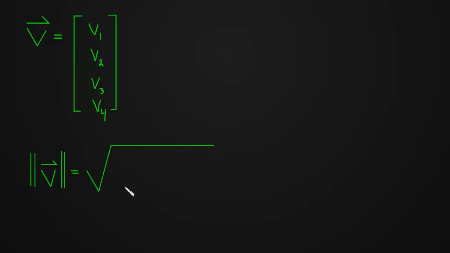It's the square root of v1 squared plus v2 squared plus v3 squared plus v4 squared. And if you had 5 components, you'd do the same thing. You'd just tack that 5th one on at the end. If you had 6, you would do the same thing, just tack those on. So that's the vector length for vectors with more than 2 components. Okay, see you in the next video.